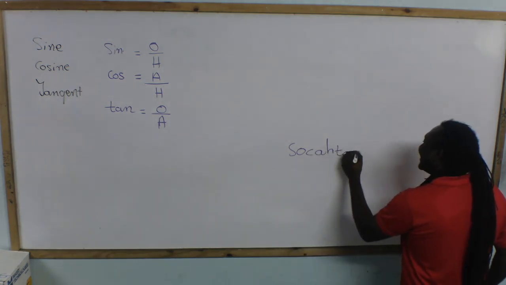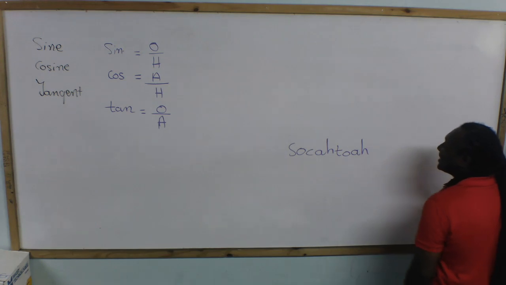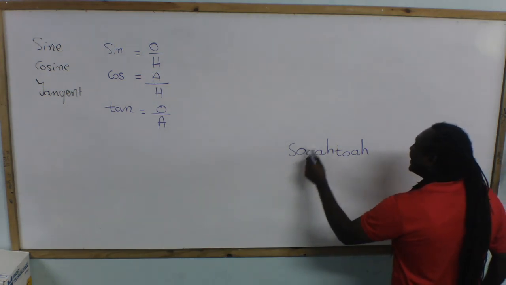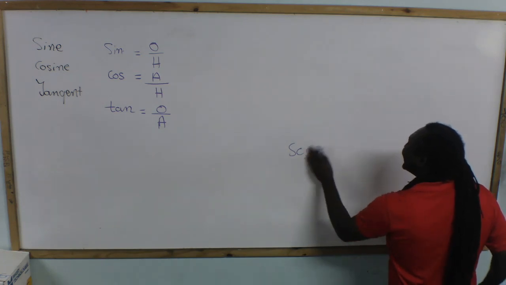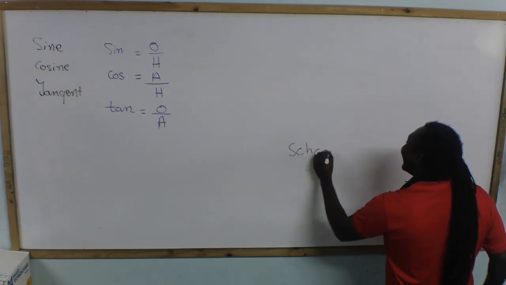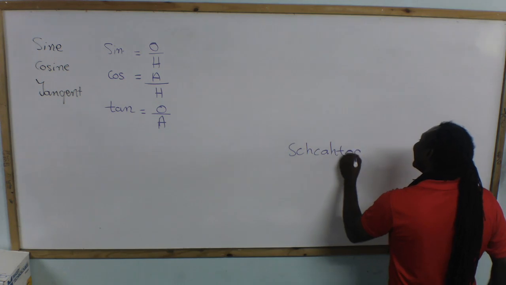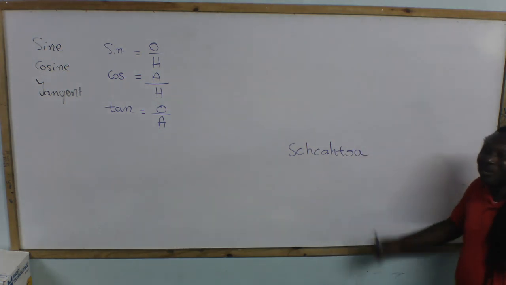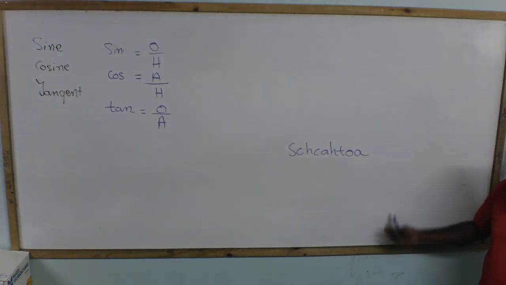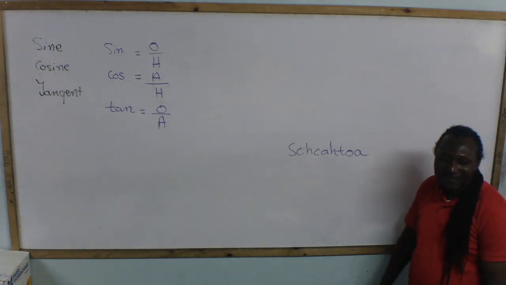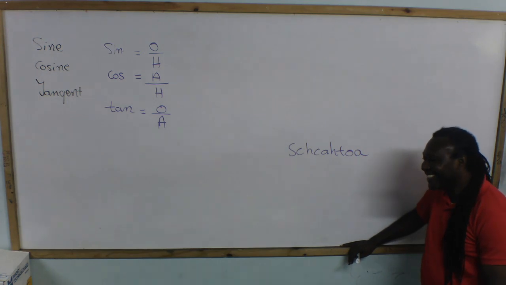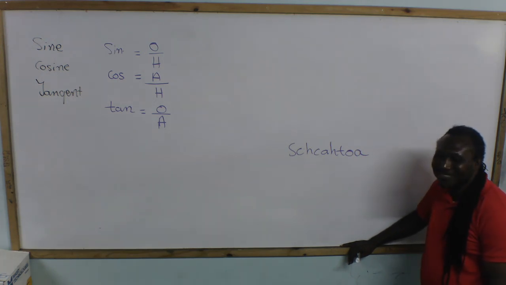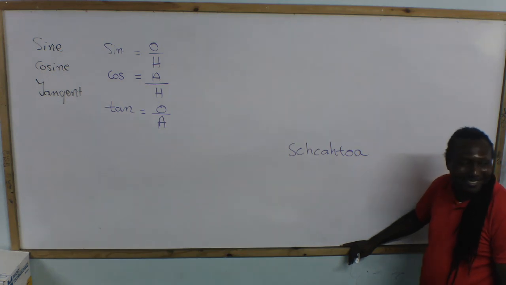For those who love soca. See, I don't even know how to write it. No, sir. S-O-H. See? S-O-H. C-A-H, T-O-A. Right, because I don't use it. We never used it in school at all. We just know them. Yeah, those were the times when people were really into stuff.